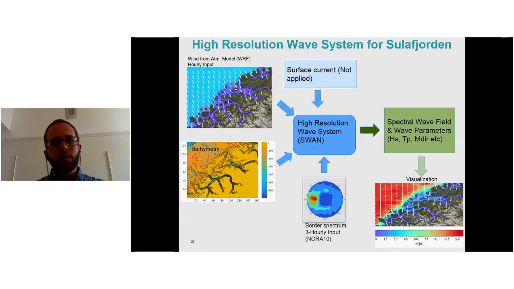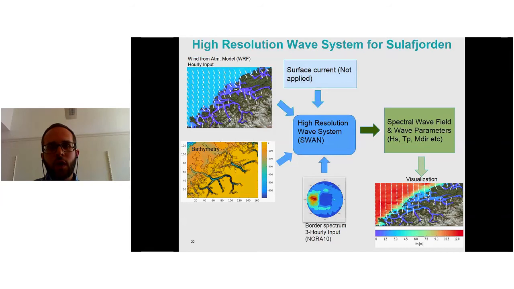So here I would like to give you an overview of our system. We have the input, first of all, from the wind, from the atmospheric model WRF. As I said, it's an hourly input. And we also have the bathymetry, which is very important, especially for the coastal regions. We also have the input of the border spectrum from NORA-10 into our high-resolution system.